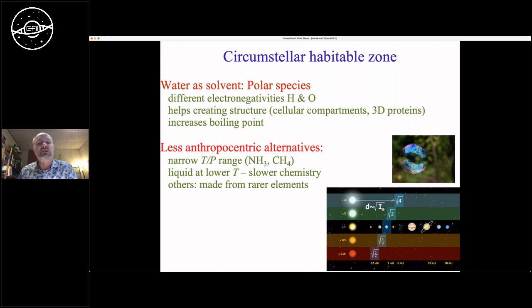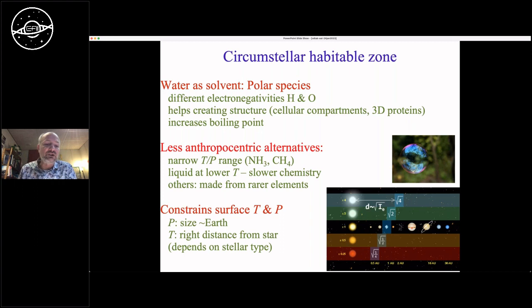So the chemistry will be slower. That may not be a showstopper, but I guess it makes it more difficult for life to get going and to evolve. And you could, of course, have even different liquids, but then you quickly need rare elements, so that it's difficult to get large amounts of these liquids. But it may not be impossible.